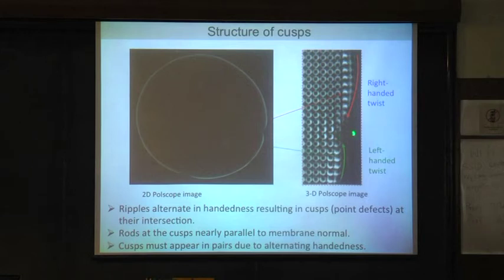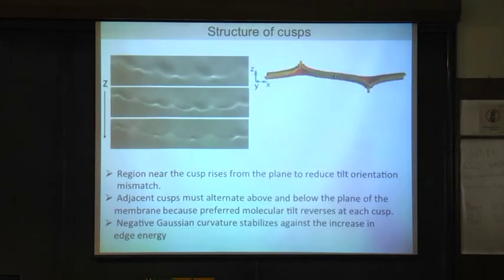To understand this phenomenon of rods at the cusp being along the z-axis, we took z-stacks and realized that the cusps are not in plane. They are actually alternating up and down as you scan the z direction. What's happening is that the region near the cusp rises from the plane to reduce the tilt orientation mismatch.